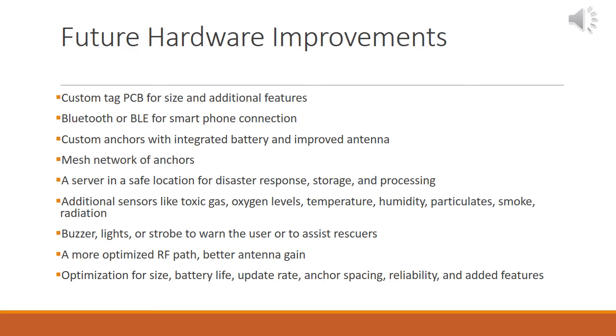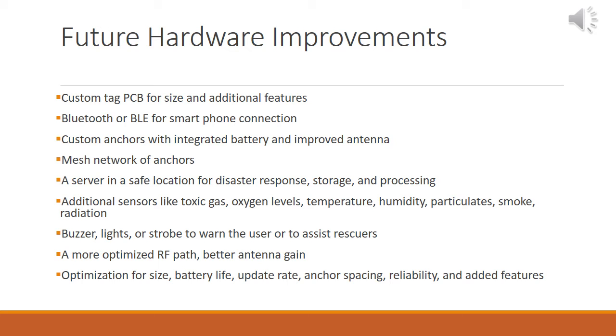You could have buzzers, lights, or strobes. If they were on the tag, they could warn the miner that there are unsafe conditions detected. If there was a mesh network, they could even warn across the whole mine simultaneously, to all the miners, that there was something dangerous going on for quick response.